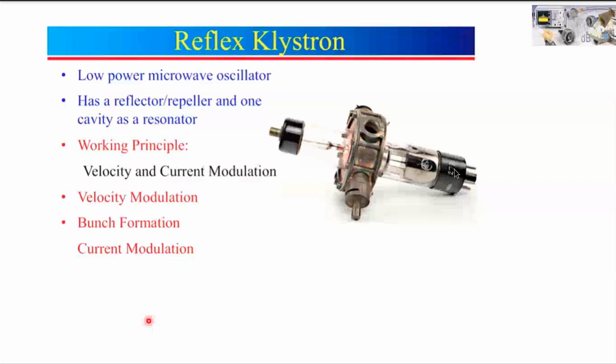Now one question arises: can we make an oscillator using a two cavity klystron? Oscillations are produced, positive feedback we are dealing with, it satisfies the loop gain criteria and then the phase shift criteria. Any answers from your side?